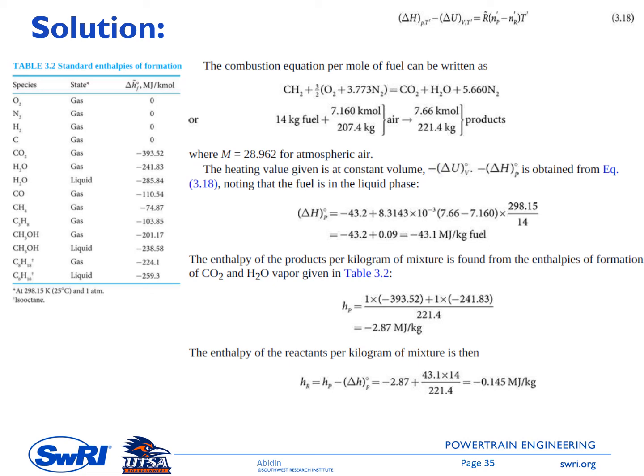From this stoichiometric reaction, you can see that 1 mole of kerosene requires 1.5 mole of air. Okay, let me check, my pen stopped working here. So we have 1 mole here, and then it requires 1.5 mole of air. In the product, we have 1 mole of CO2, 1 mole of H2O, and 5.66 mole of nitrogen.